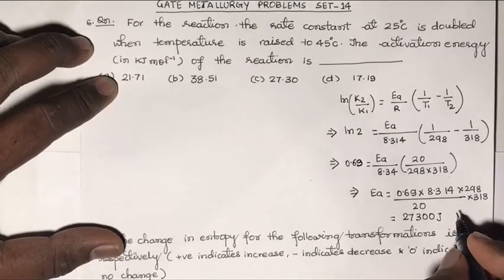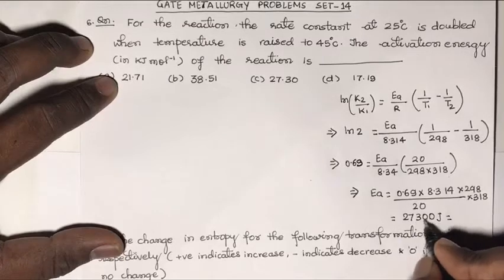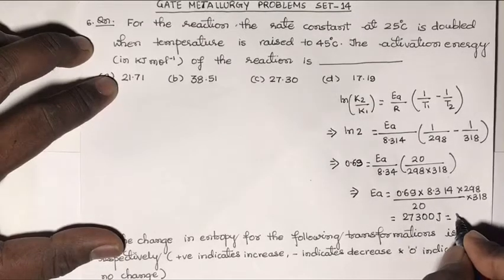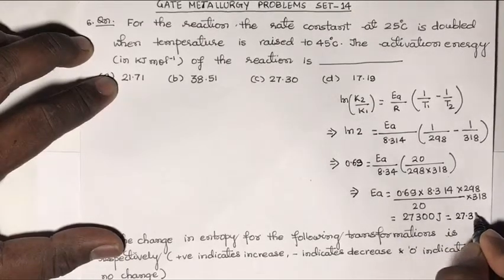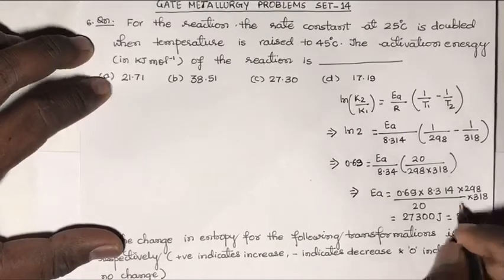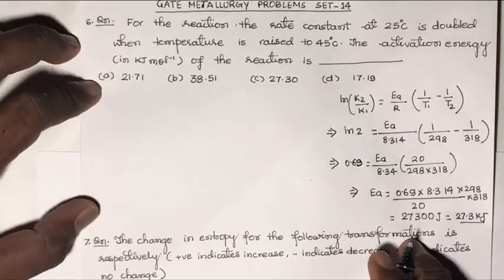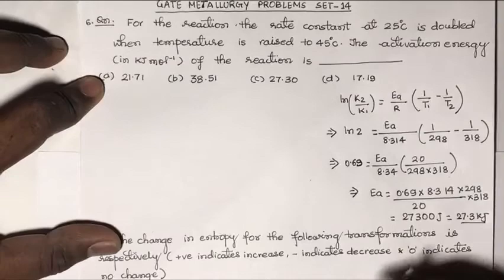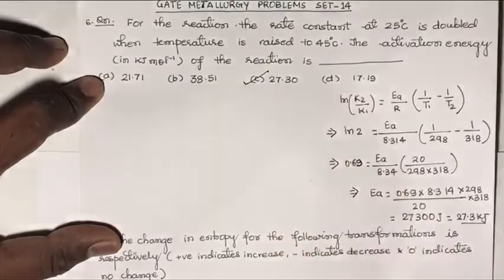And if we find this value in terms of kilojoules, then we have to simply divide it by 1000, and this will be equal to 27.3 kilojoule. So the correct option is option C.